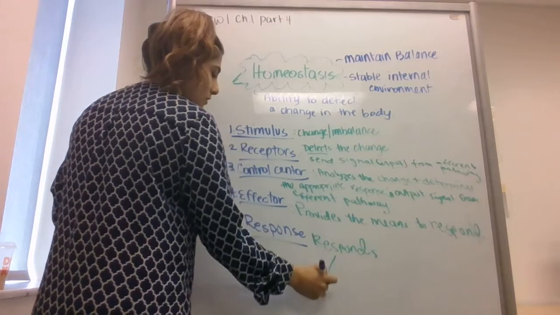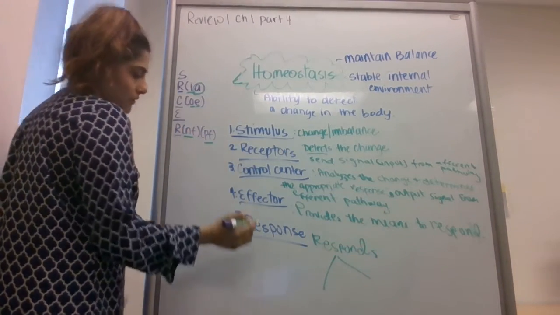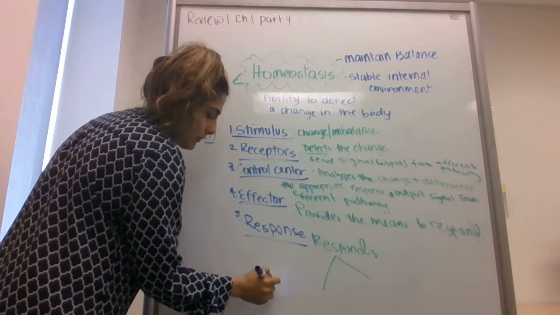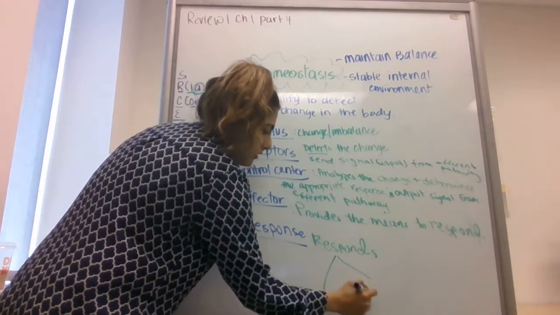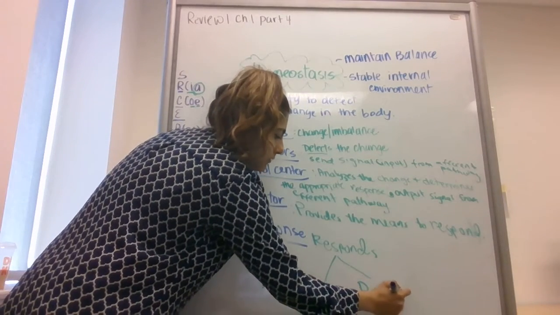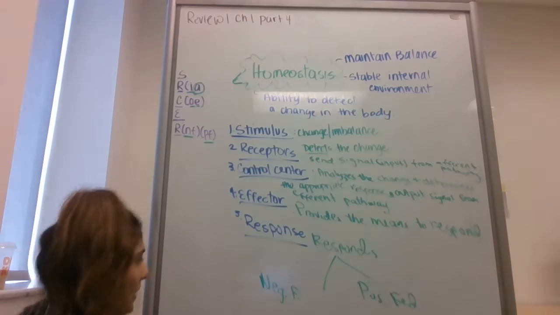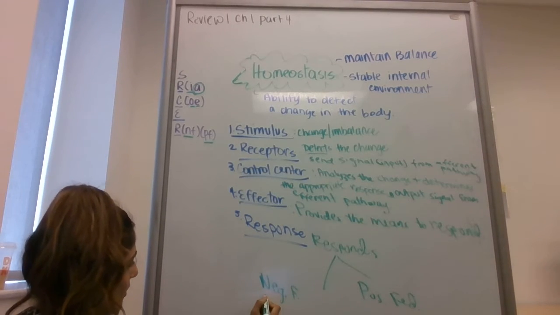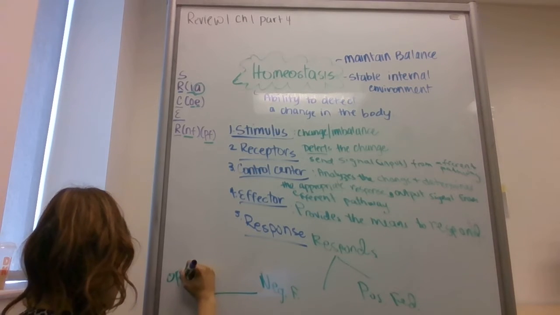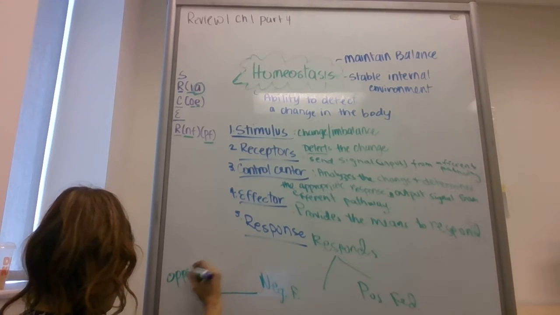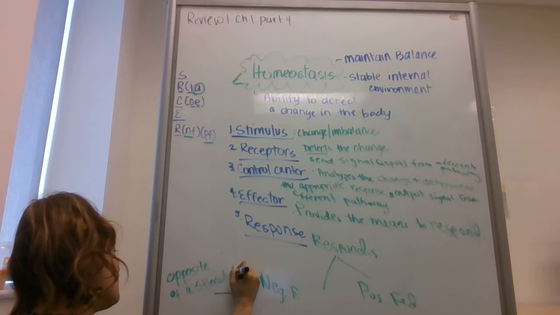Response just basically responds. And they respond in 2 ways: either negative feedback or positive feedback. A negative feedback is when homeostasis does the opposite of the stimulus.